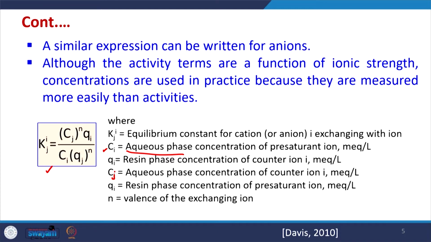Going further, we have to simplify this equation, but before that, let us understand that the greater the selectivity coefficient, the greater is the preference for the ion by the exchange resin.